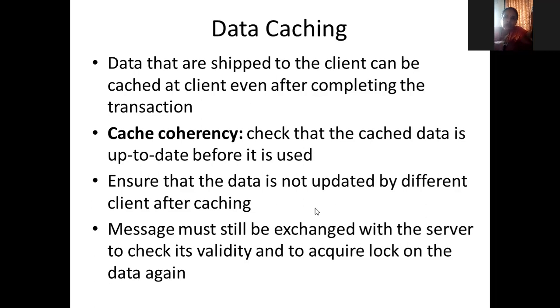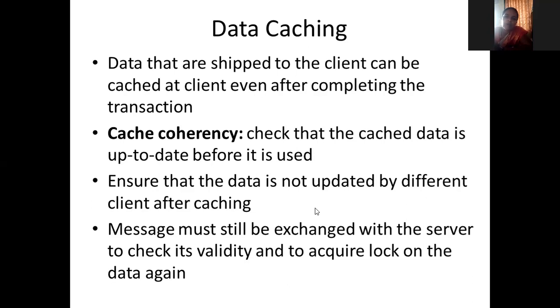So the cache coherency problem occurs: check that cached data is up to date before it is used. You perform transaction T1, and at that time account A has 400 rupees and account B has 700 rupees.